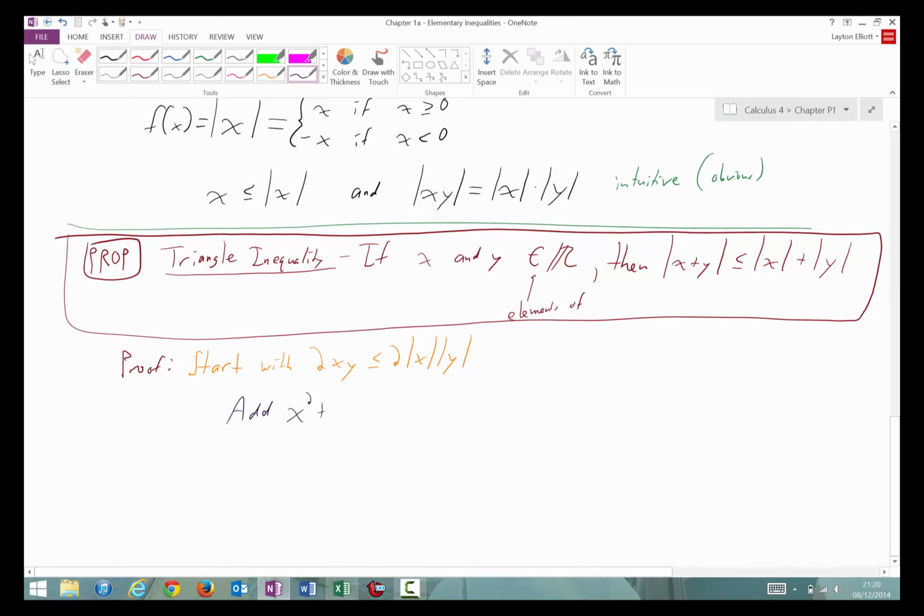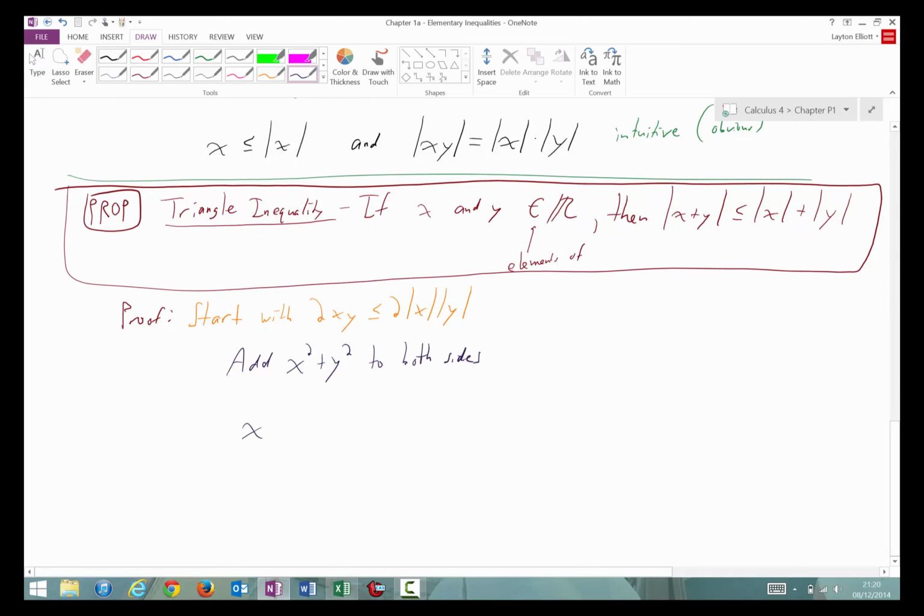So we're going to add x squared plus y squared to both sides. Now, you might be able to see why we would do that. If I do that, I get x squared plus 2xy plus y squared is less than or equal to x squared plus 2 absolute value of x, absolute value of y, plus y squared.